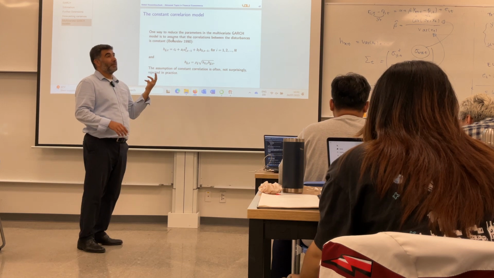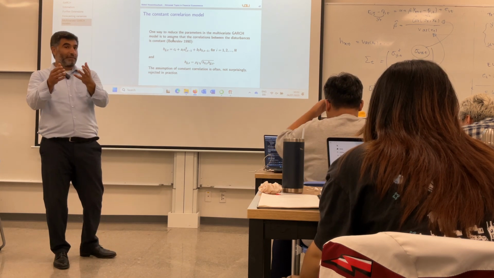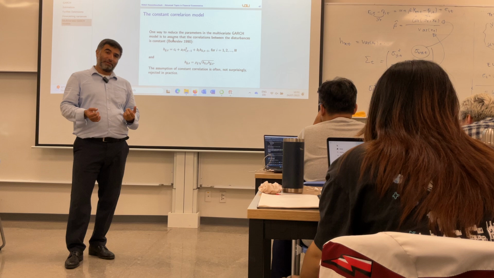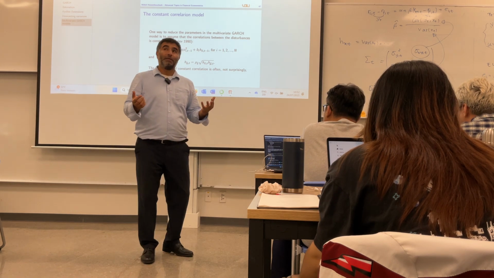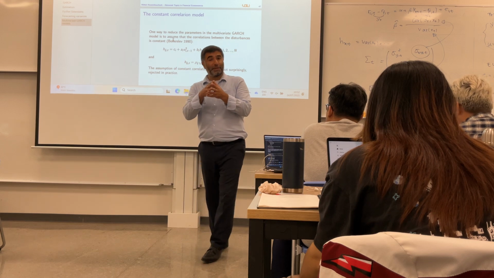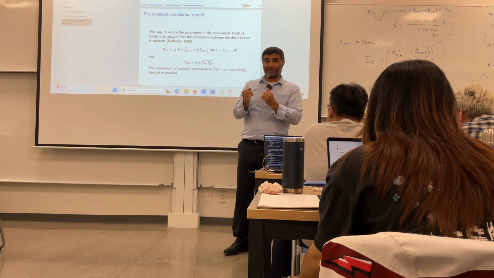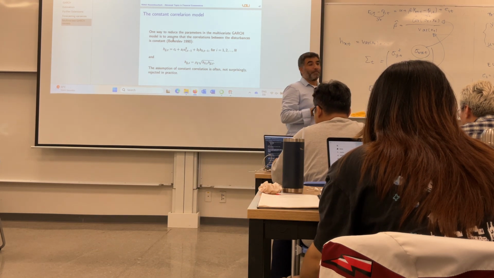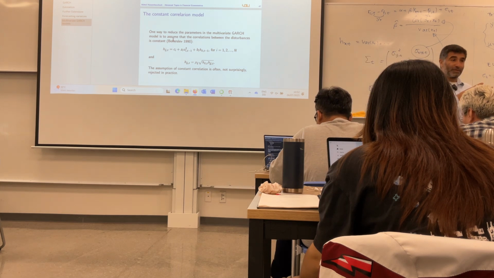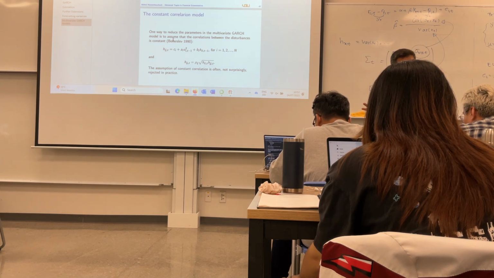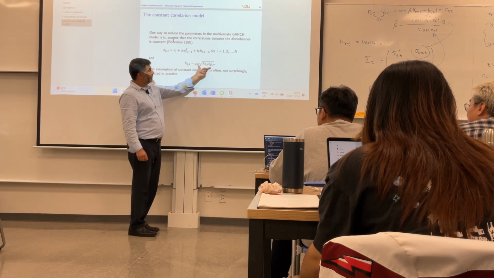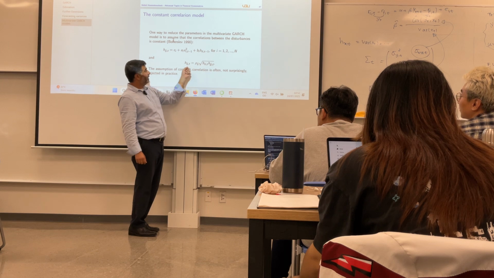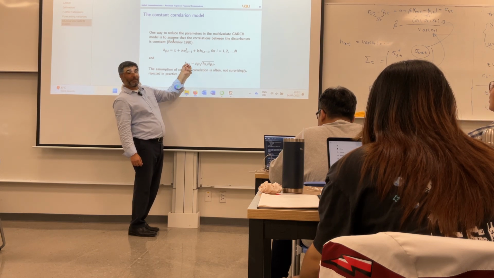The correlation is the covariance divided by the standard deviations. So the covariance is the correlation times the standard deviations. If I multiply the correlation with the standard deviations, then I get the covariance.